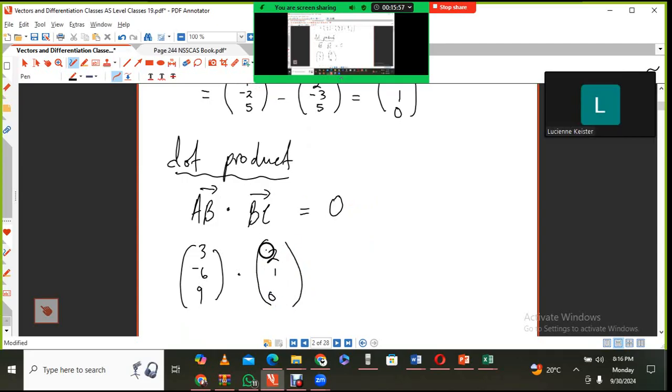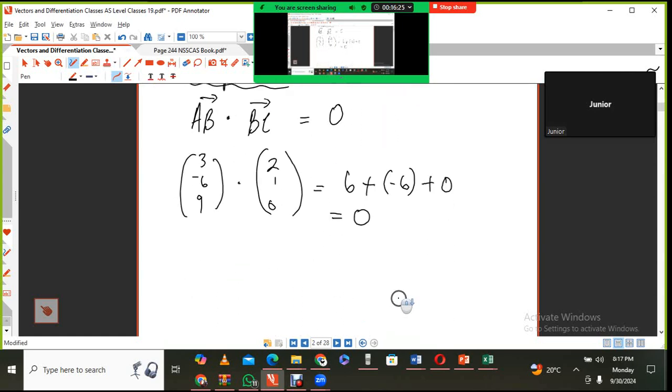So let's see if we multiply whether it gives us that. 3 times 2 is 6. Are we together? Plus -6 times 1 is -6. Plus 9 times 0 is 0. So in fact, when you are multiplying, you get 0. And if you get an answer of 0, it means that those two vectors are therefore perpendicular. Okay, so we just take the first part of it. Are we together so far?